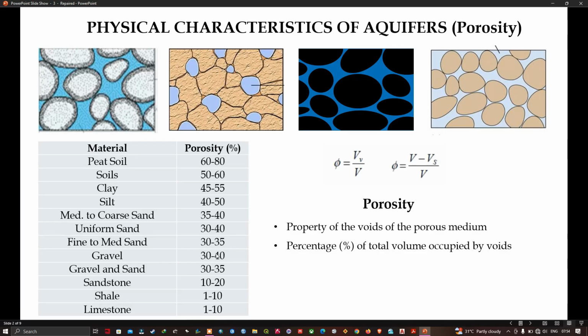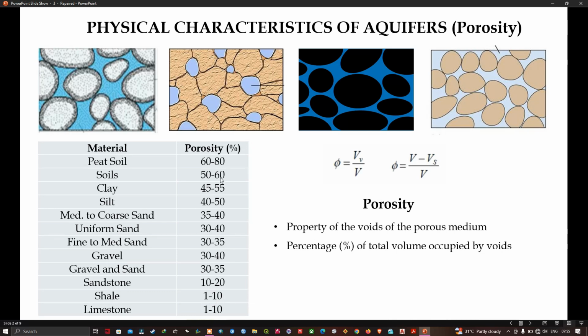And here the shale has a very low porosity of 1 to 10%, because the void space in the shale and limestone is very small compared to clay or soil or sandstone.